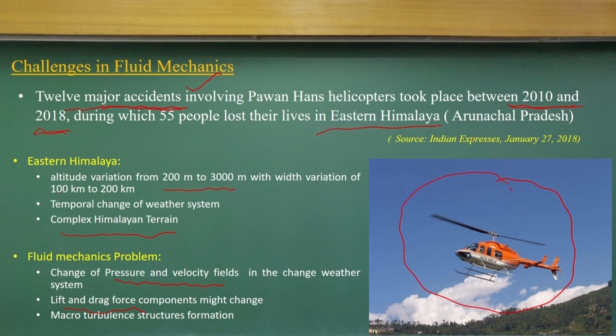If you look at this problem, it is a fluid mechanics problem, and we have not studied, or do not have knowledge of, such complex weather systems as a part of fluid mechanics. Even if you have a very robust helicopter system, it crashes as usual. So it is a really challenging problem. Still we have a challenge in fluid mechanics problems.